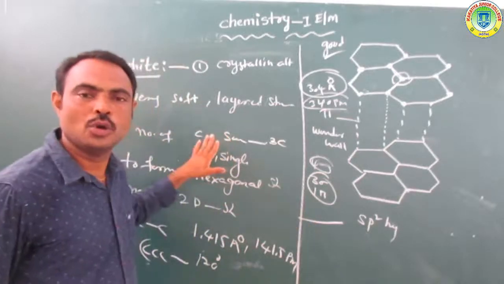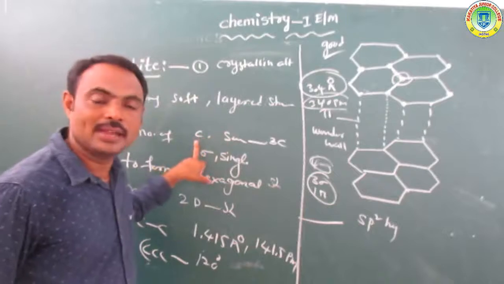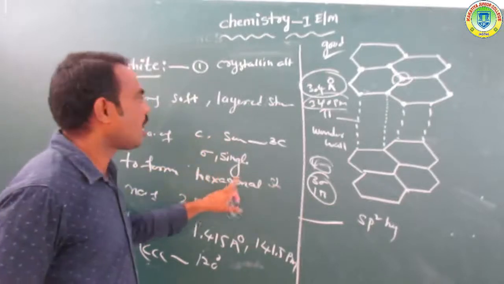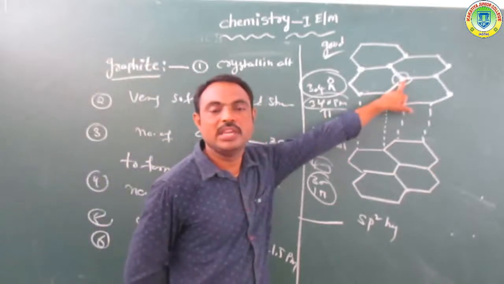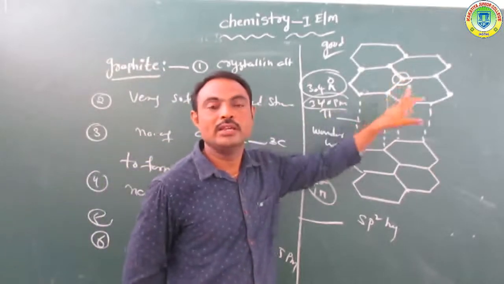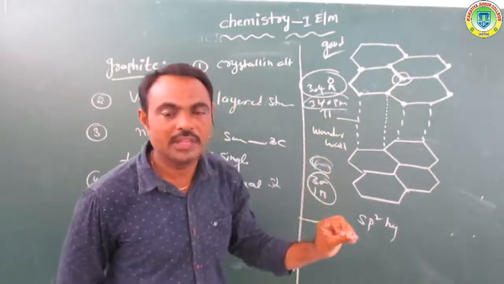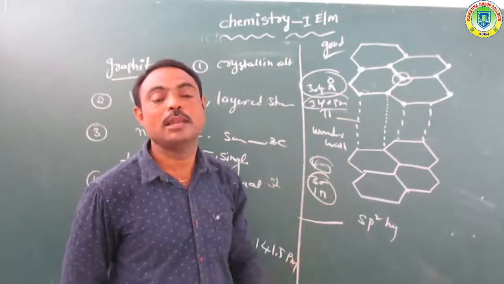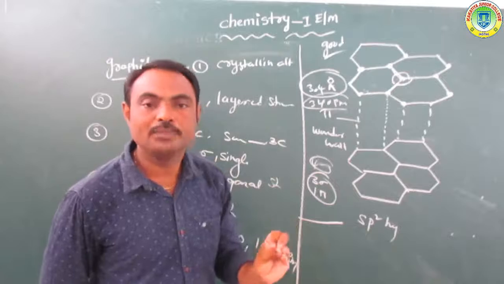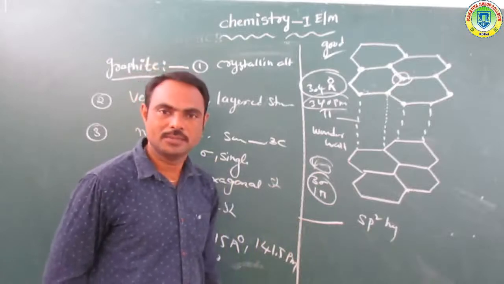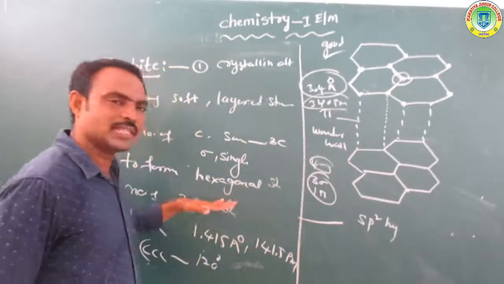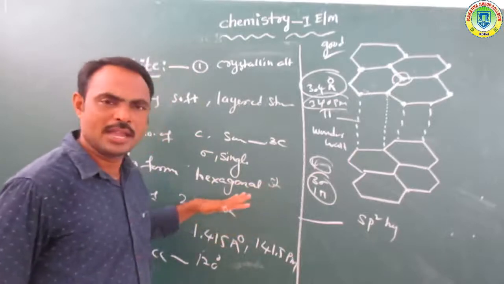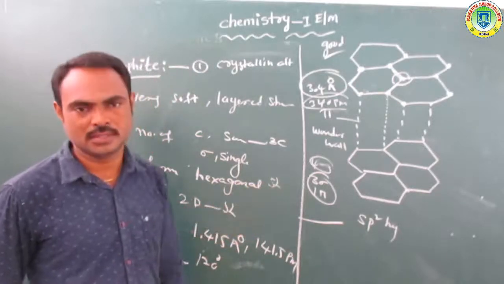It contains a number of carbon atoms. Each carbon atom is attached to 3 surrounding carbon atoms with 3 sigma bonds or single bonds, forming a number of hexagonal structures.